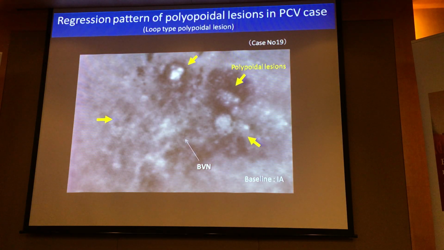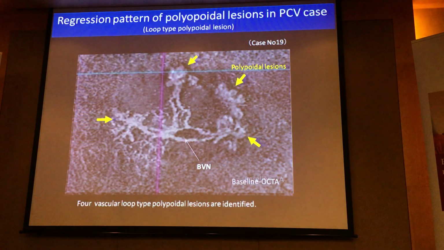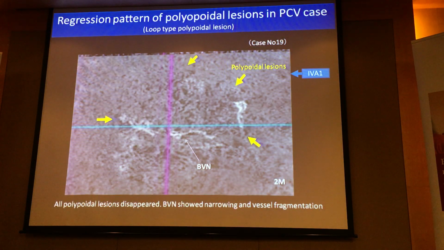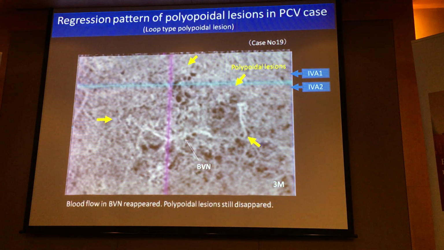This shows the regression pattern of the polypoidal region in a PCV case. All polyps show a loop type polypoidal region. This is OCTA, and after the first injection there are no polyps, and BVN showed narrowing of the vessel and fragmentation. After the second injection, there's still no polyp.